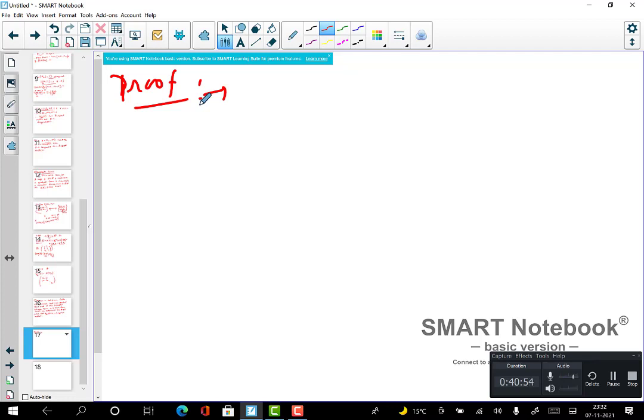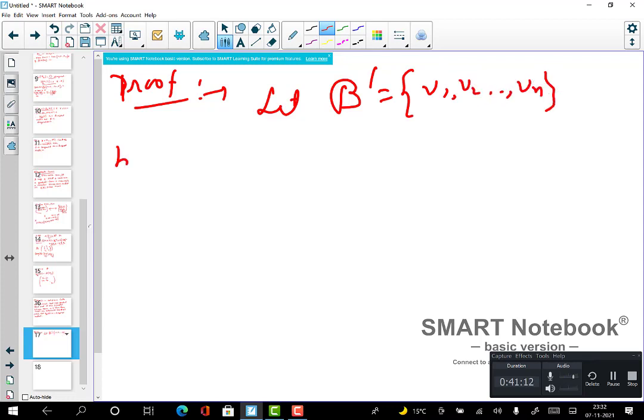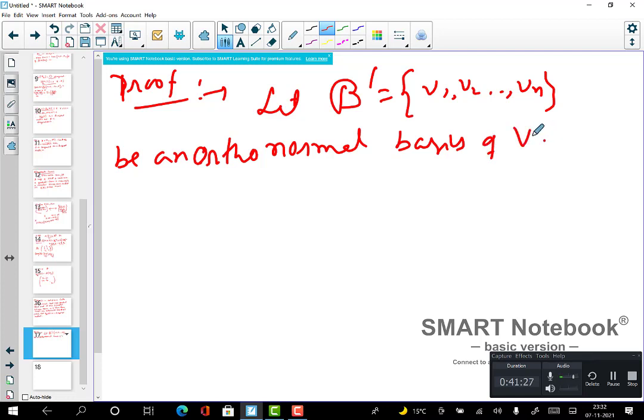Because V is a finite dimensional inner product space, you can always find an orthonormal basis. So let beta dash, say v1, v2, ..., vn, be an orthonormal basis of V, which always exists.